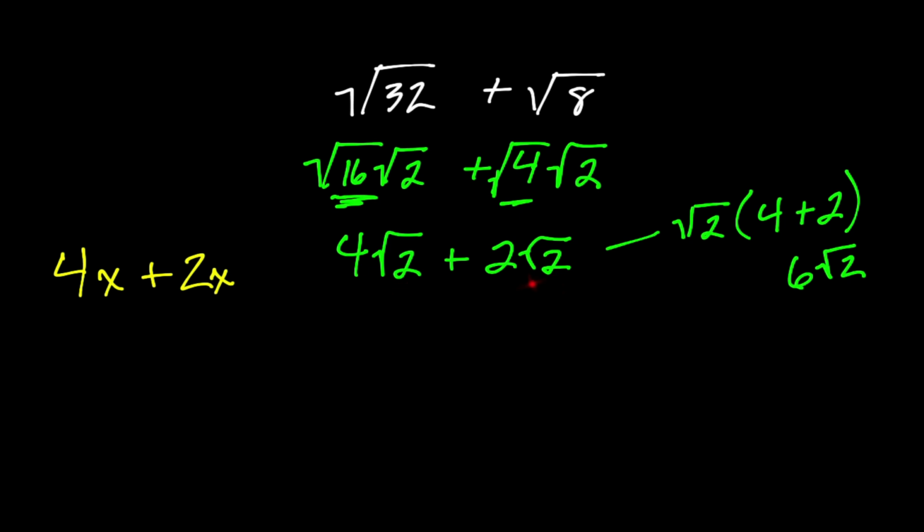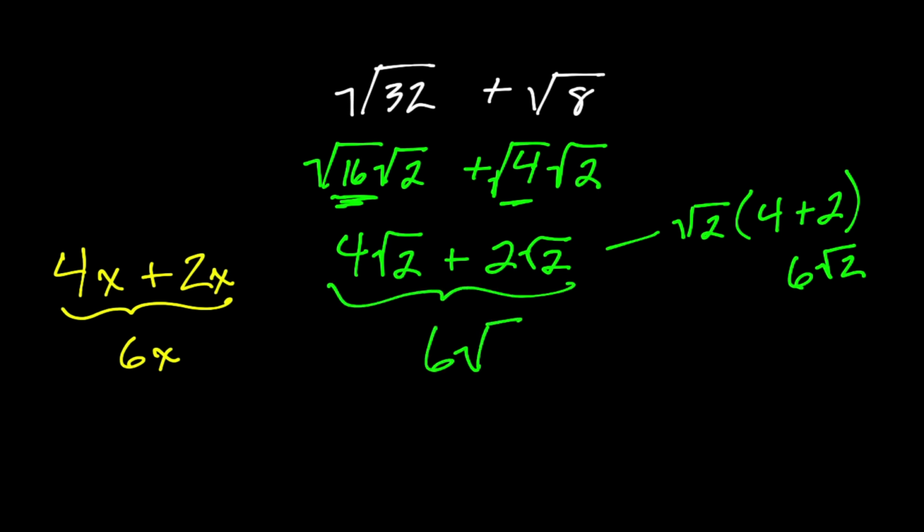So it's a little bit faster sometimes to think of it that way, because just like over here, I'd say, all right, that becomes 6x. Over here, this is going to become 6 root 2. And it saves a step from over here. So that's just another little shortcut for you to think about when you're doing these.